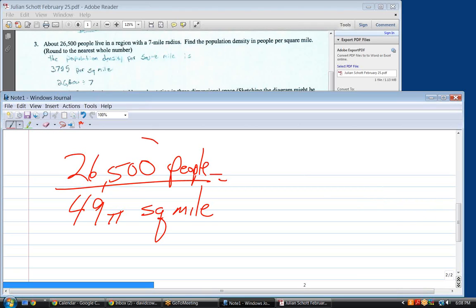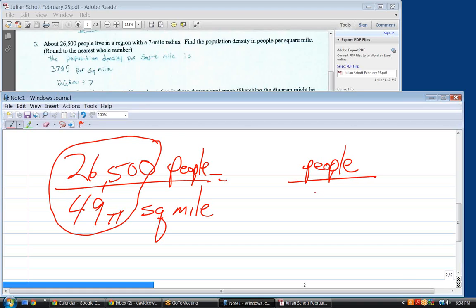In other words, this is equal to some number, and our units are people per square mile.